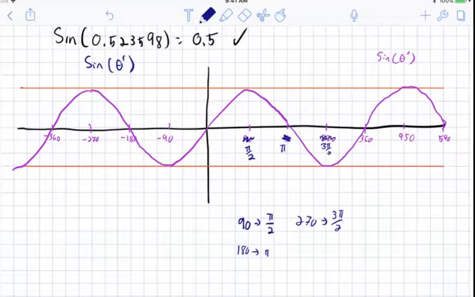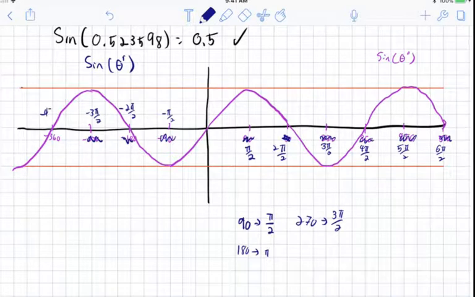I'm going to write this as 2 pi over 2. 360 is 4 pi over 2. This one's 5 pi over 2. This number's 6 pi over 2. This number is minus pi over 2, minus 2 pi over 2, minus 3 pi over 2, minus 4 pi over 2. And that's how you draw the graph of sine. All you have to do is draw the original one and then change the numbers over to be in radians.